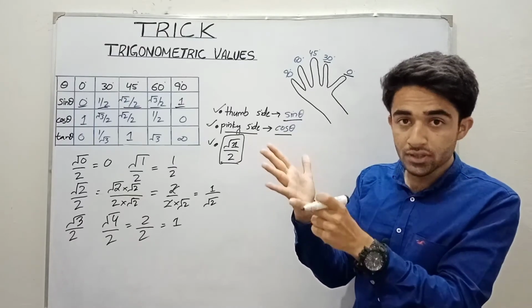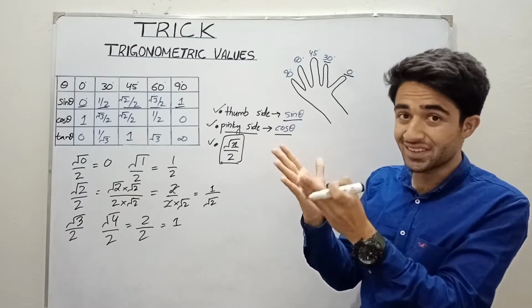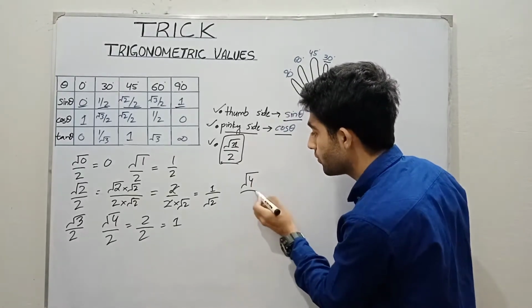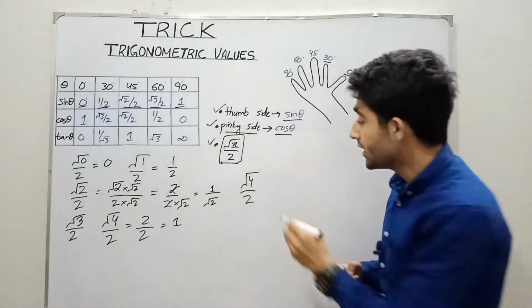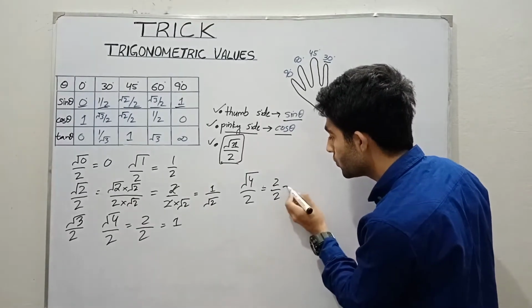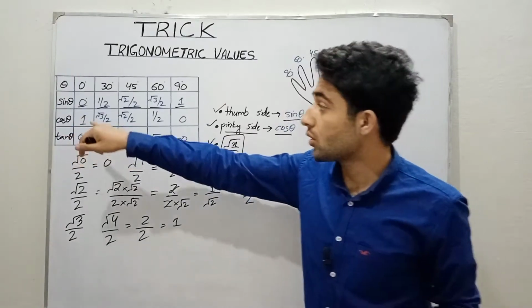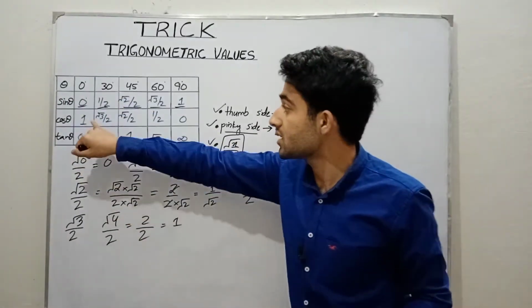It means the value of x is 4, so root 4 over 2, which is 2 over 2, which is 1. It means that the value of cos theta at 0 degree is 1.